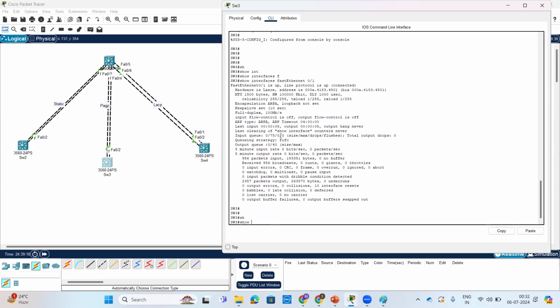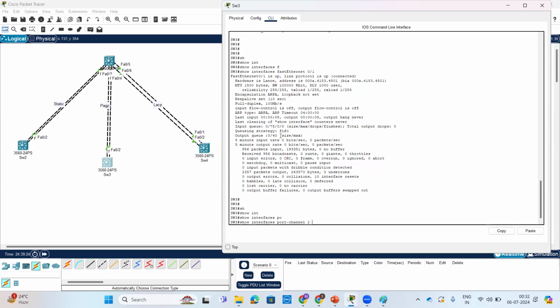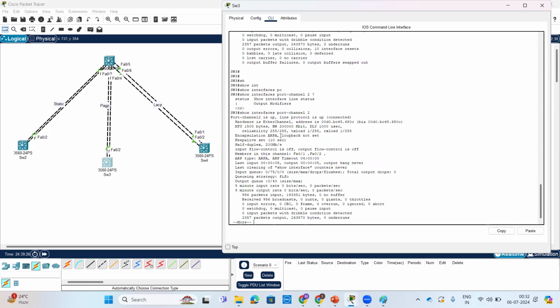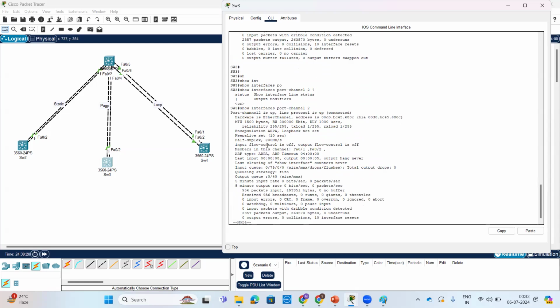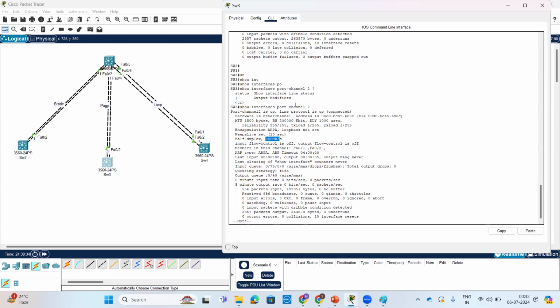Now check show interface port channel 2. See, now this port is 100 and this one is 100. 100 plus 100, how much? 200. You can verify with this port channel interface.